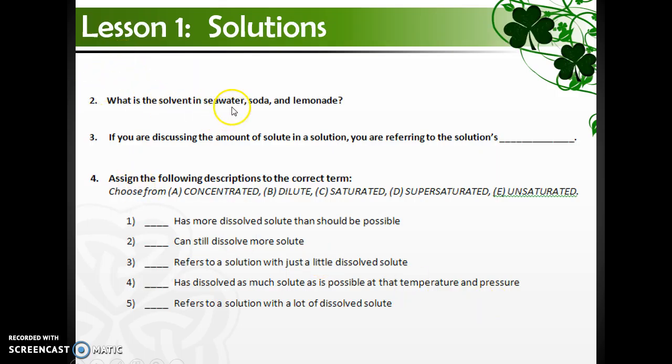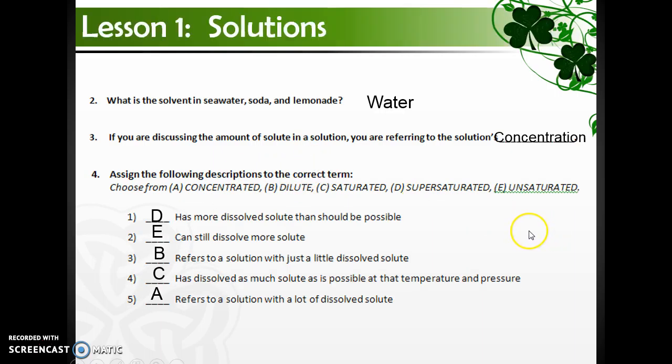What is the solvent in seawater, soda, and lemonade? If you are discussing the amount of solute in a solution, you are referring to the solution's what, and then assign the following descriptions to the correct term. Water is the solvent in seawater, soda, and lemonade.